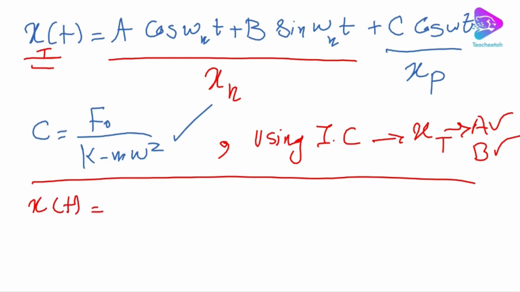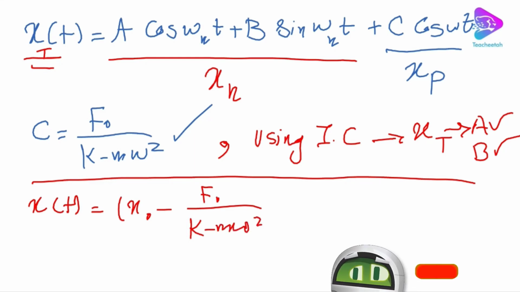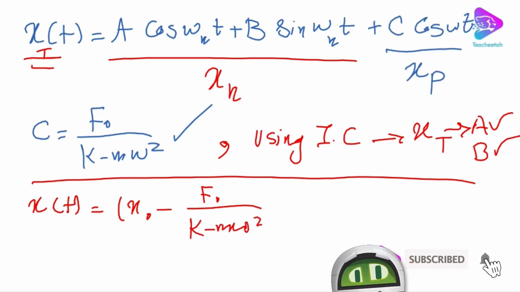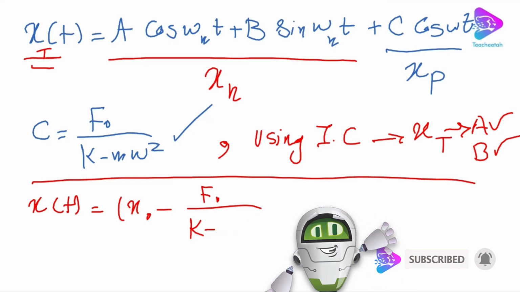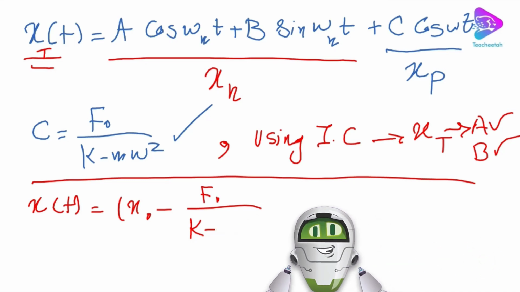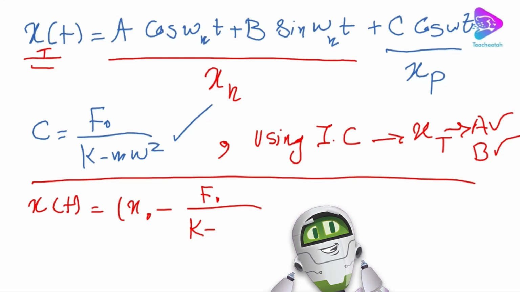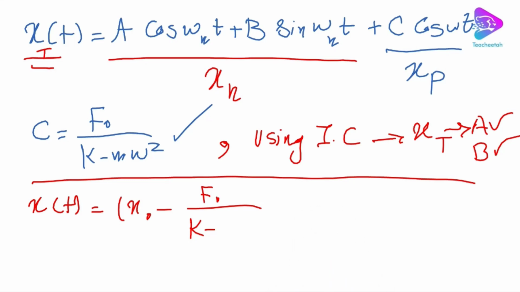So x(t) is x naught minus F naught divided by k minus m omega squared. As you see, this term also exists in the coefficient because we applied the initial conditions to the total response.